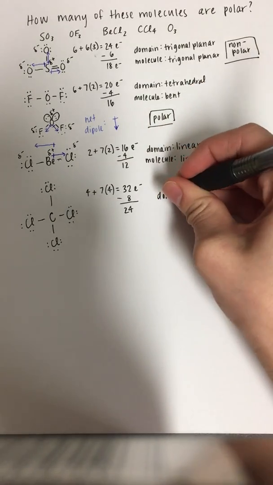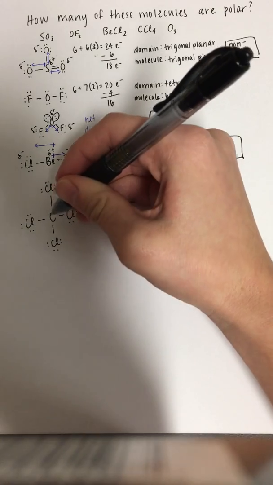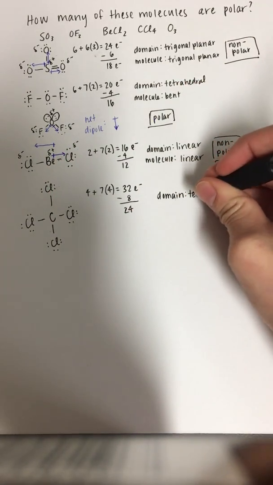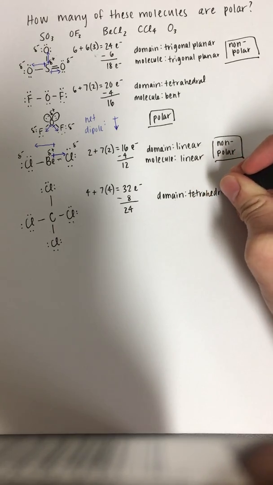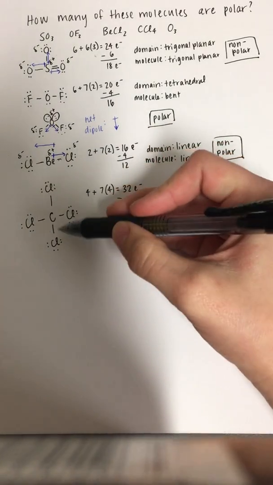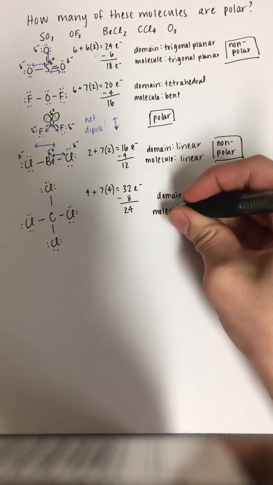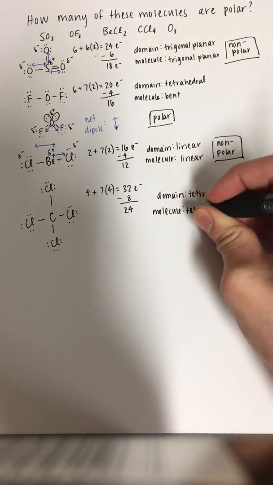This Lewis structure has 4 domains, 1, 2, 3, 4. Therefore, it's a tetrahedral domain geometry. And because all 4 of these domains are bonding, the molecular geometry is also tetrahedral.